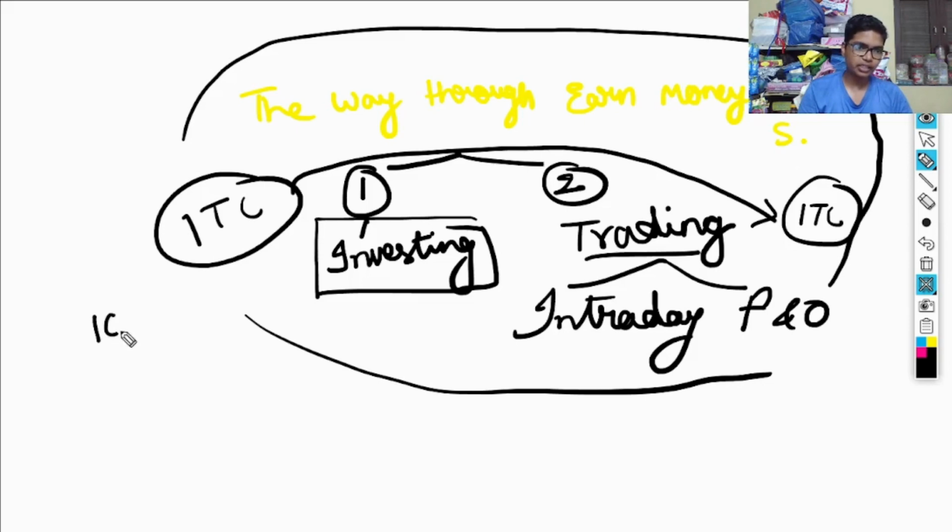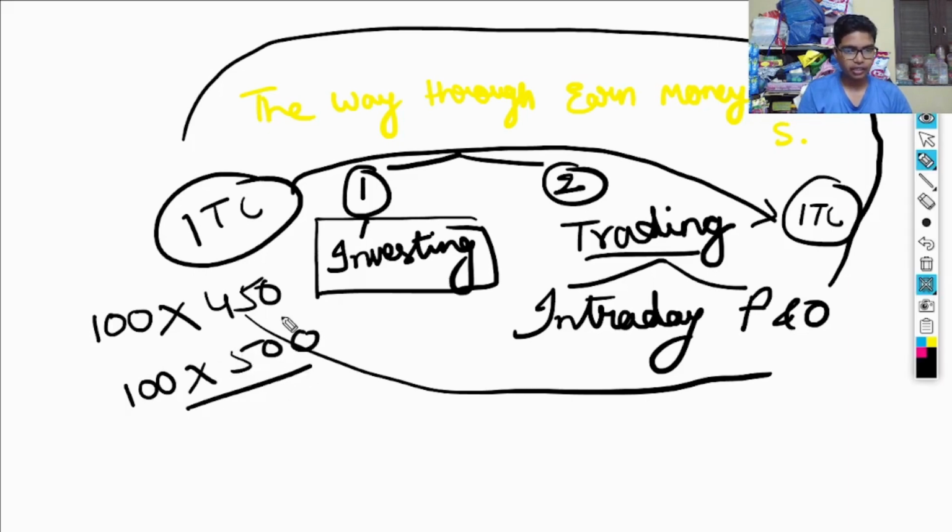In that example, we purchased 100 units of the ITC share at 450 and sold the same 100 units of ITC at 500 rupees. Hence, we earned a 50 rupees profit per share.